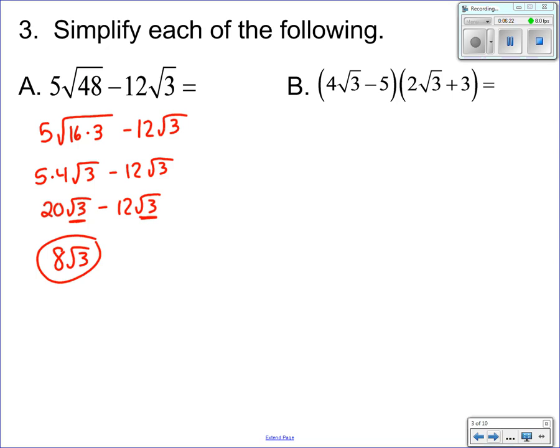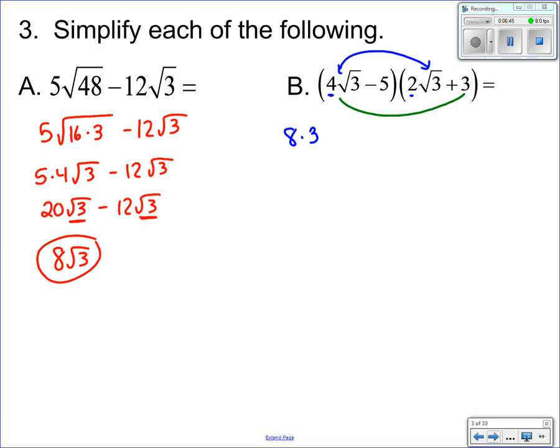Here we're multiplying two binomials together. What are we doing? We're just doing FOIL. First terms together. So I multiply the numbers outside together, so I have 8. Multiply the radicals together. Root 3 times root 3 just multiplies to be 3. The outer terms together.